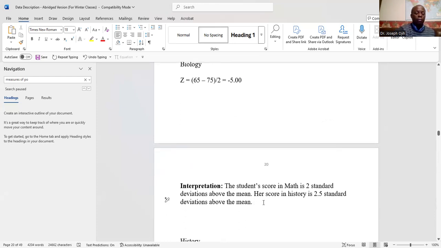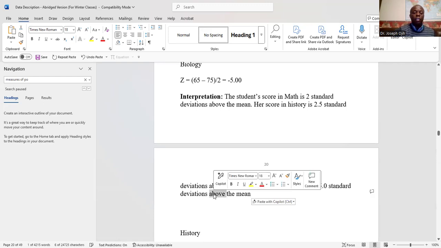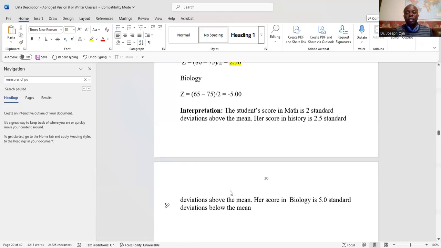Her score in biology is 5.0 standard deviations, but this time below average, because it is negative.